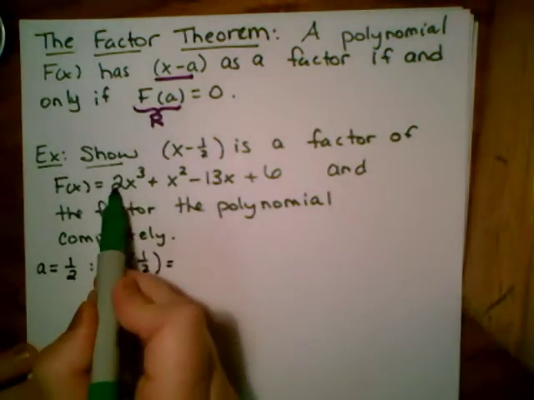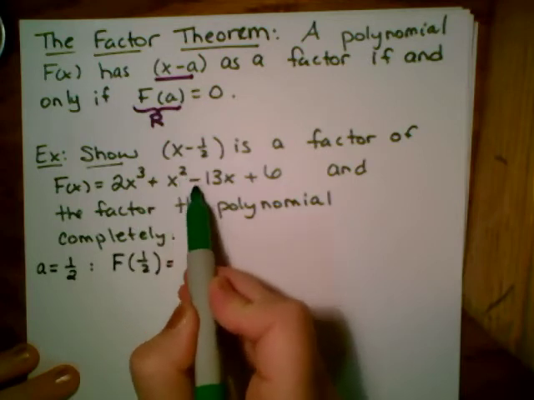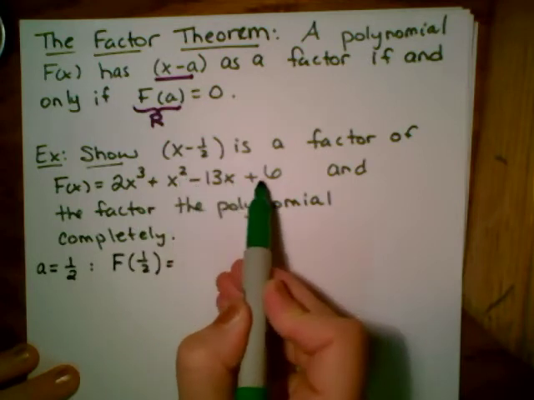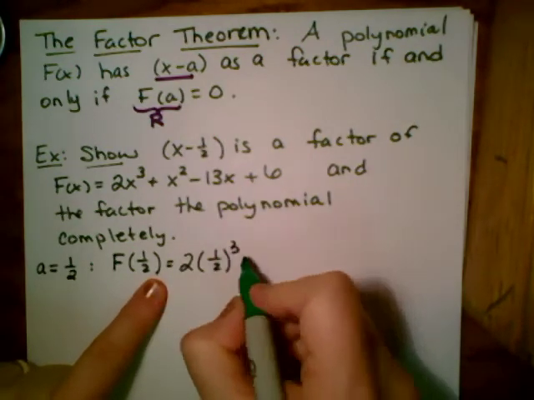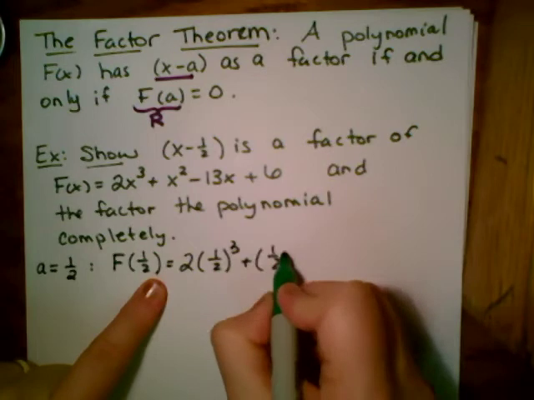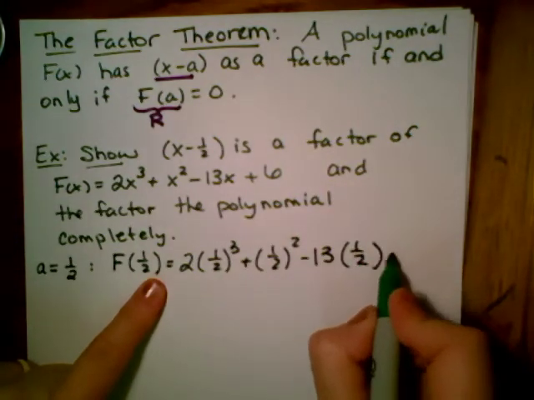Okay, so we need 2 times 1/2 cubed plus 1/2 squared minus 13 times 1/2 plus 6.